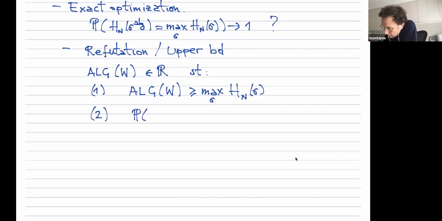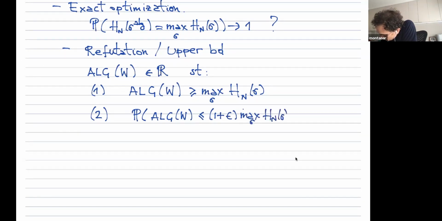So under my Gaussian model for the W, the probability that alg is smaller. So you want an upper bound that is always an upper bound, but for random instances is as precise as possible.